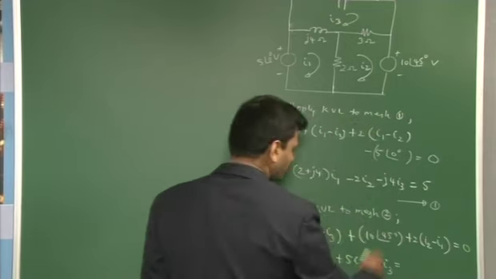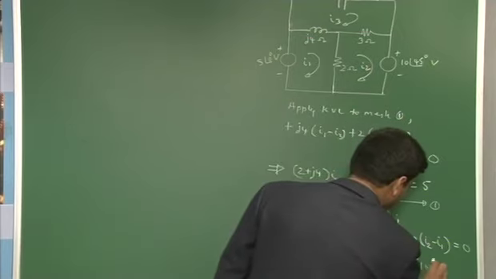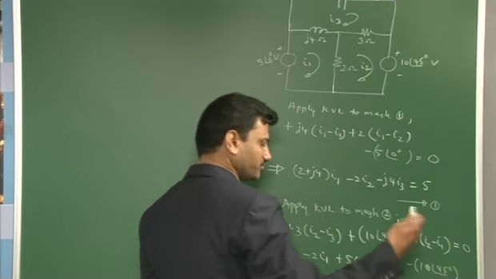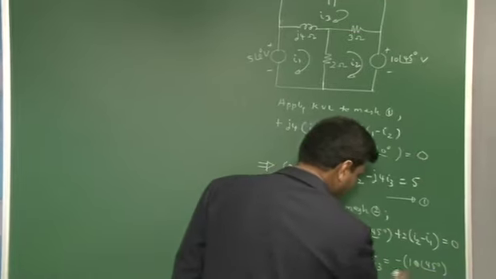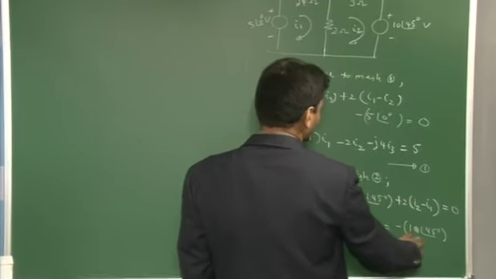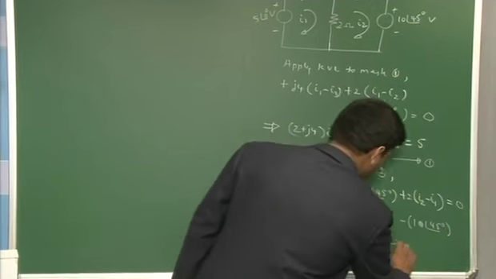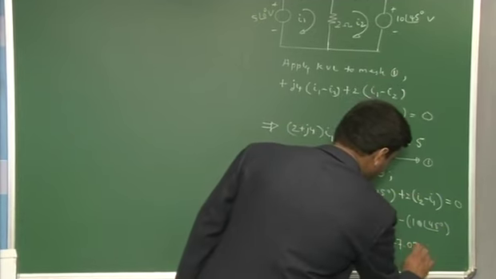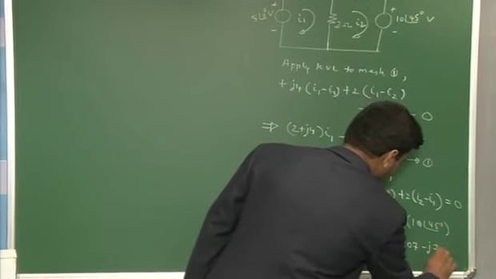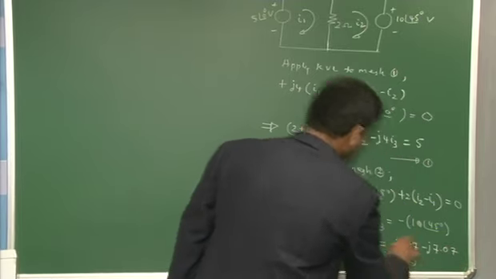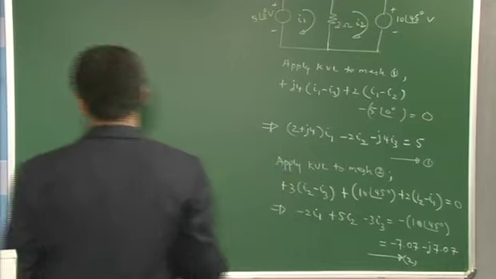Then this goes to the right hand side: minus 10 at an angle of 45 degrees. Let us convert this into rectangular form using the calculator, and this will be 7.07 plus J7.07. When I multiply by minus, you will have minus 7.07 minus J7.07. Call this equation 2.